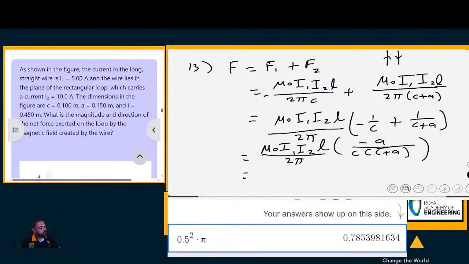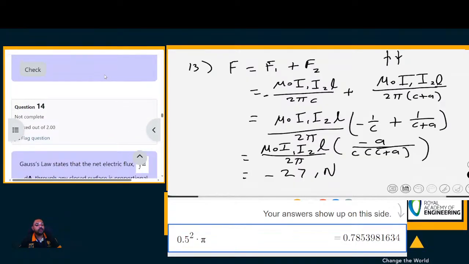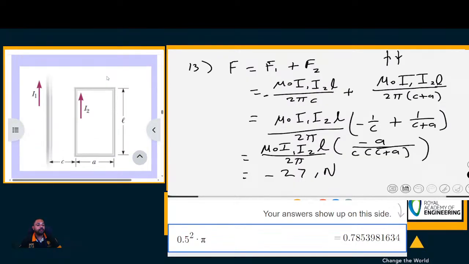If you plug them all in, you will get negative 27 newtons. Let me just check here. It's micro or milli? It's micro, yeah.